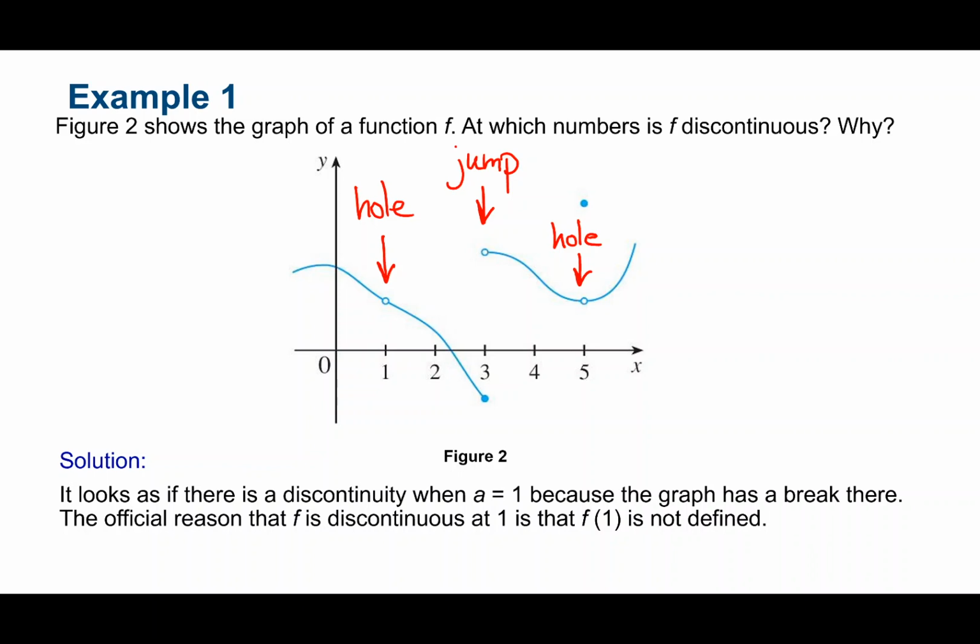So on the first one, x equals 1, our function is not defined there. Discontinuity breaks that rule that our function has to be defined. At x equals 3, what's going on with the limit, the two-sided limit? What's our two-sided limit at x equals 3?